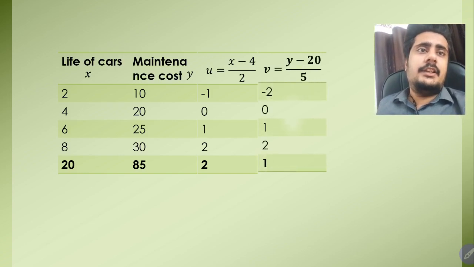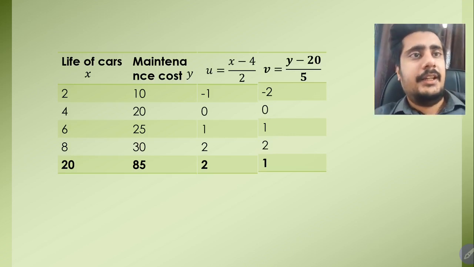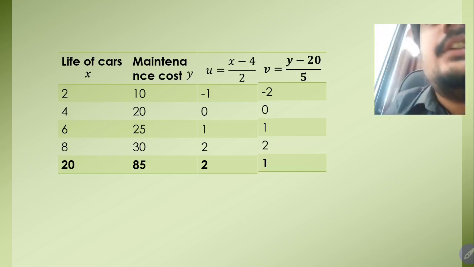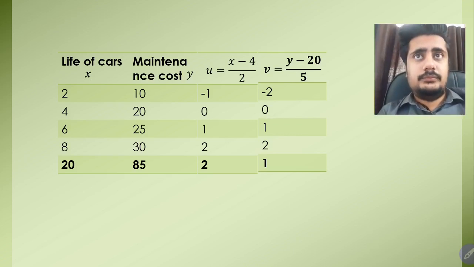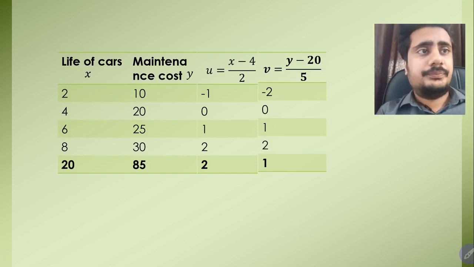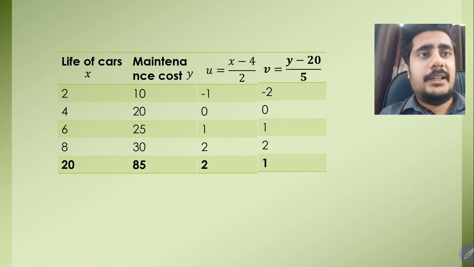Then we will find v. What will we do in v? We will subtract 20 and divide by 5. When you are subtracting 20, it's 10 minus 20, that is minus 10.